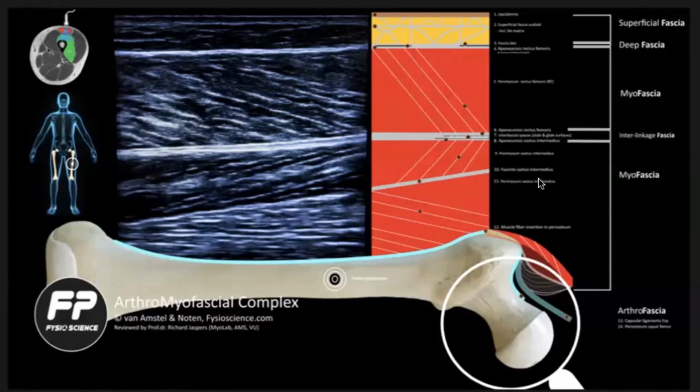But you can see that myofascia is connected and one with the muscle. So you can't separate the fascia from the muscle and vice versa, and then you just see all these little compartments. So on an ultrasound, when you get the movement, you can see things gliding so nicely as one whole system.